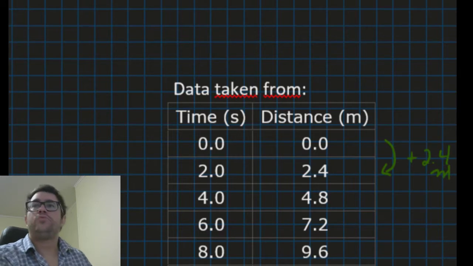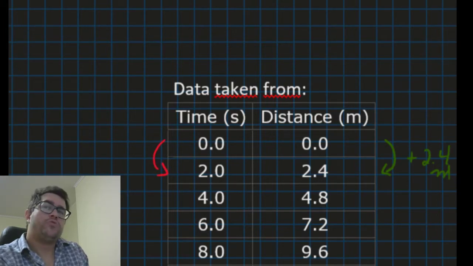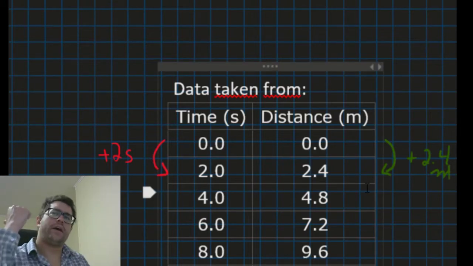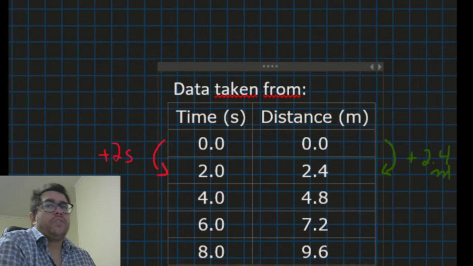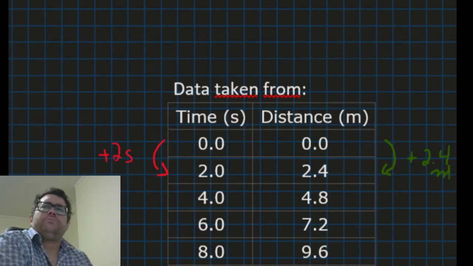And we can also ask ourselves how much time was spent. Plus 2 seconds. I put a plus because the object could be going backwards, and that matters. If the object goes to 12 and then goes back to 0, that's going to change our graph. Okay, so nice. That doesn't tell me anything.